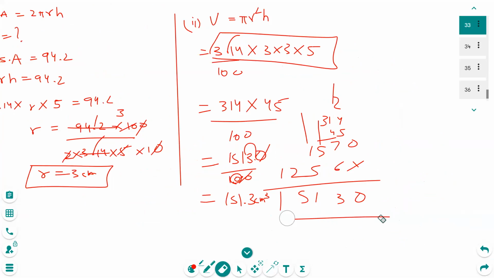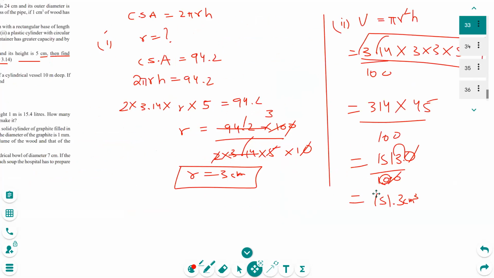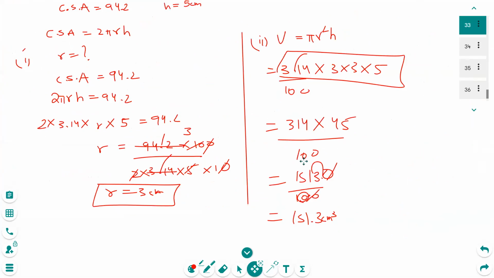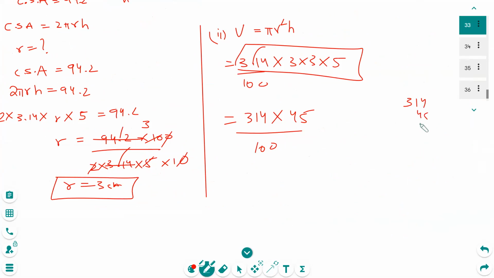Yes, Sambhavi, answer correct. Or is it wrong? I don't know, maybe my calculations may be wrong. Is my answer correct? Anyone check from the back of the book. Students say 141.3 is written there. Let's see again: 5 times 27, 15, 16, 4, 5, 12, 0, 13, 11.